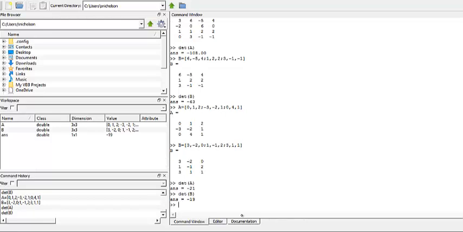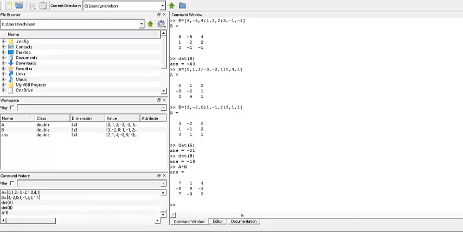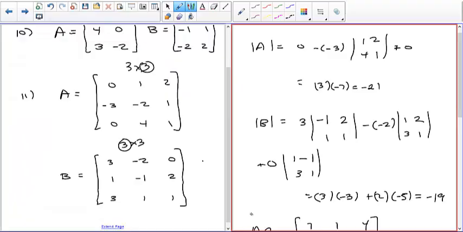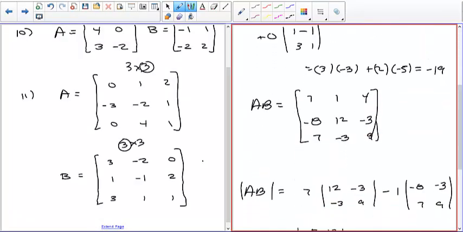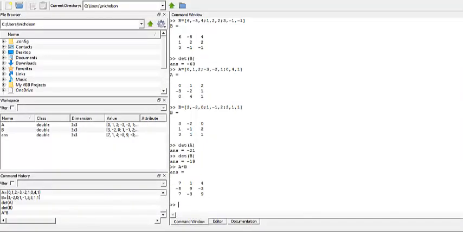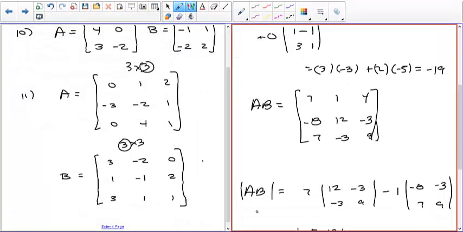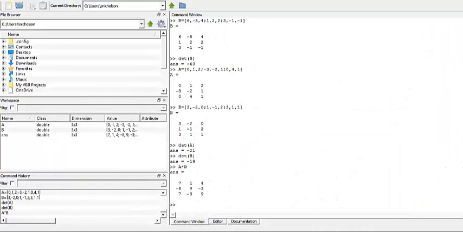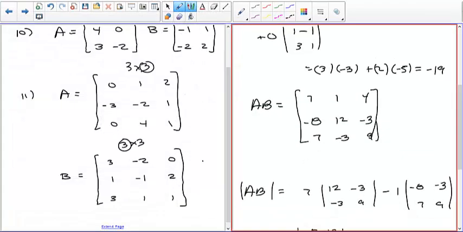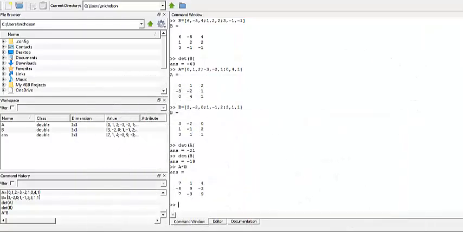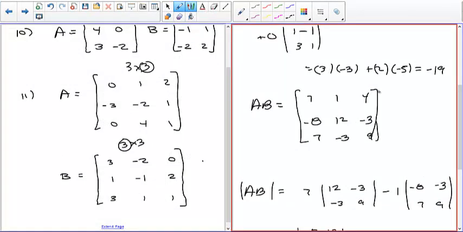Then we can also take A times B, and that should be what we got. Let's see, A times B is here. 7, 14, negative 8, that's one error right there. That should be 9. 7, negative 3, 9. Okay, so let's fix that. That's 9.